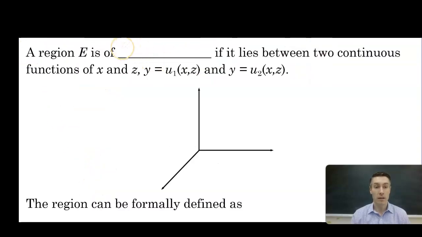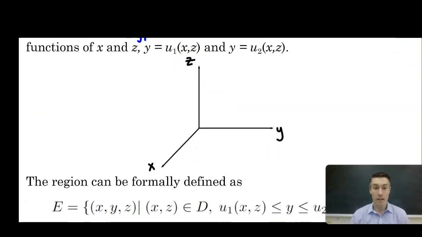And the last case is of type 3 if it lies between two continuous functions of x and z. So y equals u sub 1 of x, z and y equals u sub 2 of x, z. So we have x, y, and z. Here we're projecting onto the xz plane. Let's imagine that we had some surface, let's say it looked like this, and then looked like that, so kind of like a capsule.